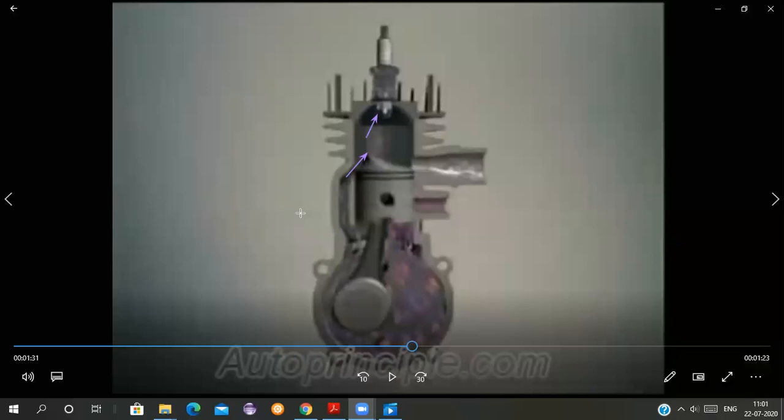When the flywheel rotates, your piston is also moving upwards and downwards. Reciprocating motion of the piston takes place. Hope you are getting this. And therefore the suction and compression strokes are taking place, and then the engine can easily ignite itself. The engine can easily start.